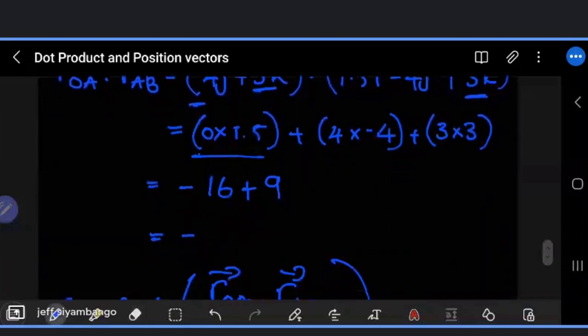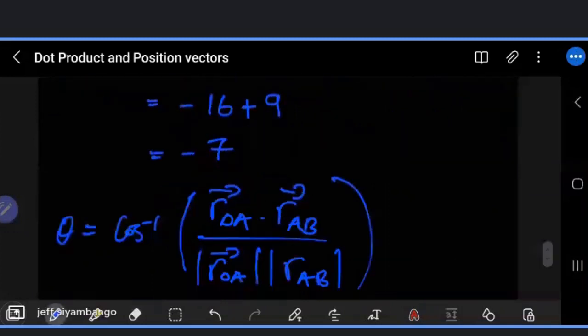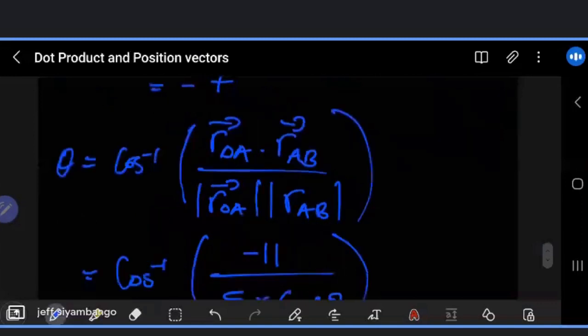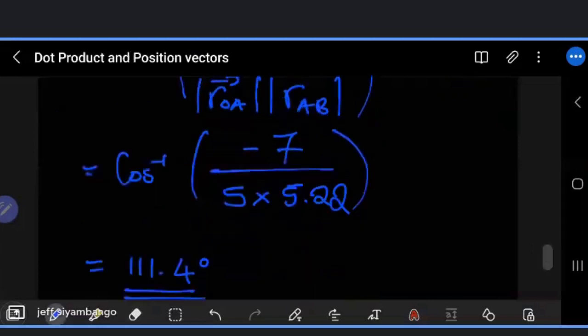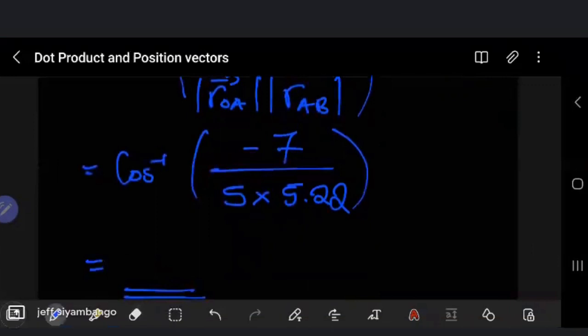This now becomes minus 7. So from here, now we have -7 being divided by, this is not this, this is 5.22. What is this becoming now?